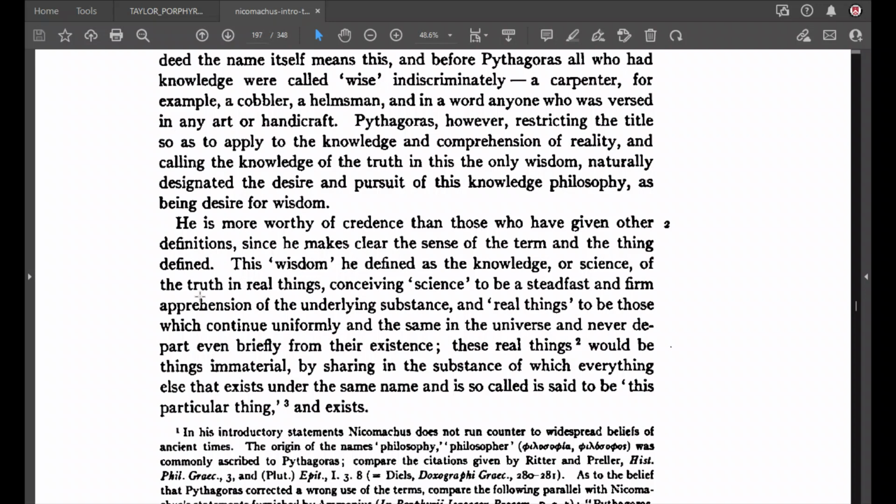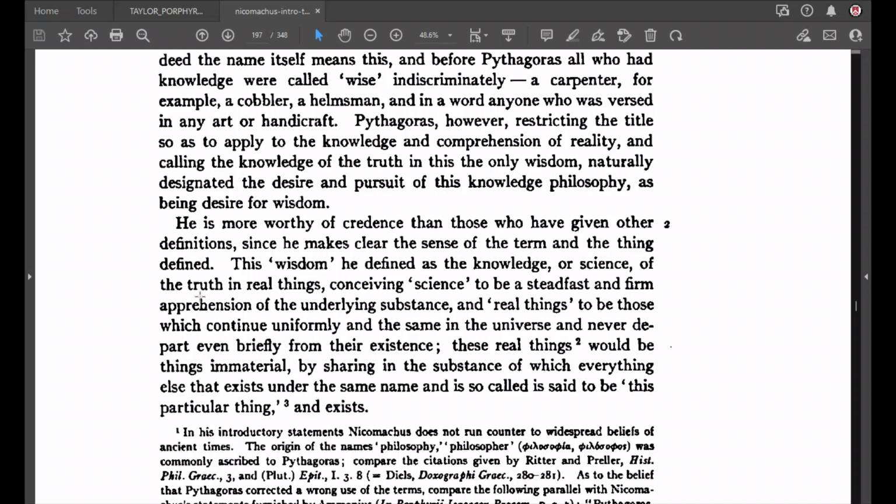A real thing, follow me here, a real thing is a thing that exists forever. That's a real thing. Something that exists forever is real. Things that come and go, things that change, things that grow and decay, those are not real things. Real things never change.